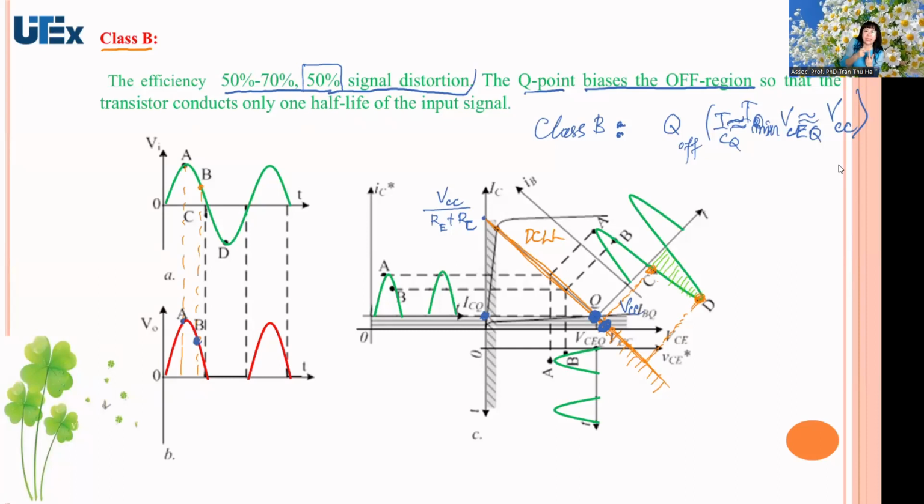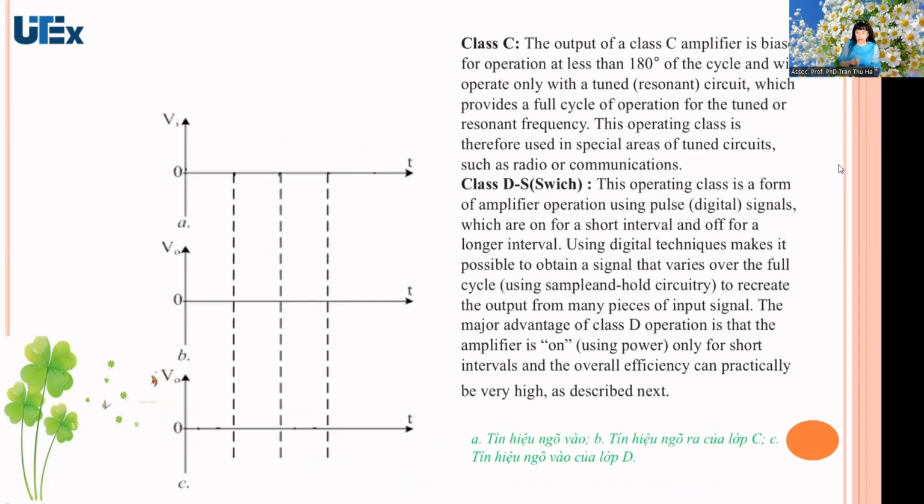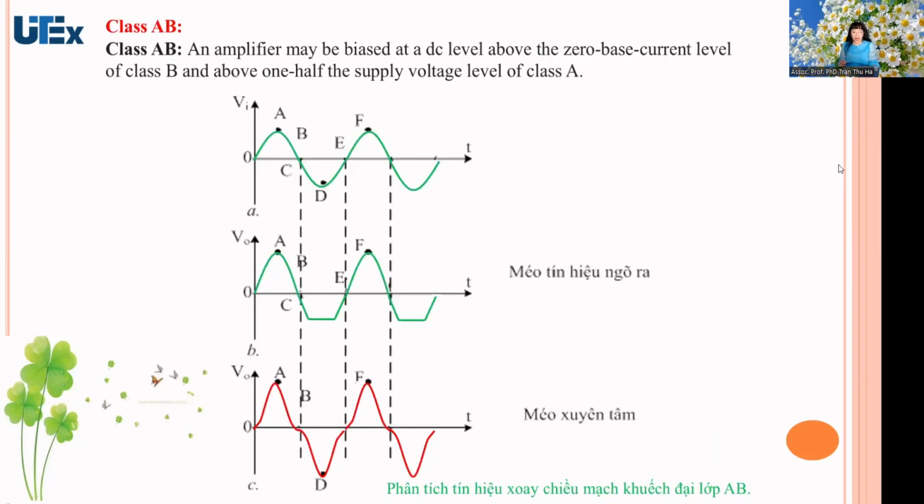If class B, this is the off biasing region, and class AB, what does class AB mean? We have two kinds, and in class AB, an amplifier may be biased at a DC level above the 0 base current level.